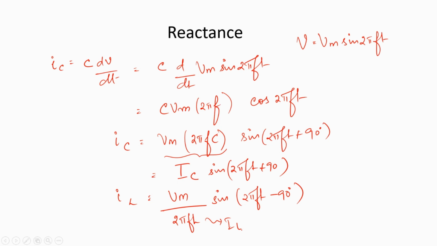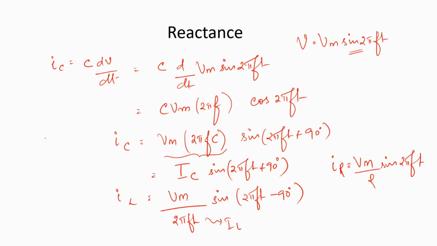Now let us observe the three current terms very closely. So IR was nothing but Vm by R sine of 2 pi ft. This is in phase with the supply or the input voltage. The current through the capacitor is 90 degrees leading the phase of the input voltage, and the current through the inductor is lagging by 90 degrees from the input voltage.